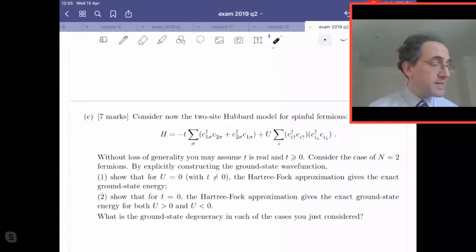The entire size of the Hilbert space is two particles. So how many orbitals do we have total? We have 4 orbitals total here: spin up and spin down on site 1, spin up and spin down on site 2. That's 4 orbitals total, filling 2 out of 4 orbitals.